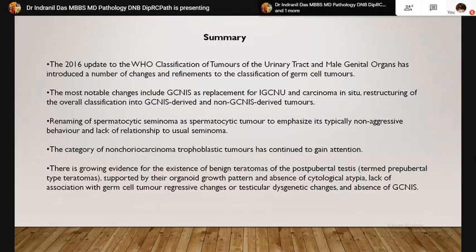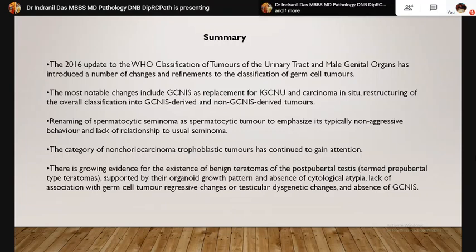There is restructuring of the overall classification. There is renaming of spermatocytic seminoma as spermatocytic tumor, as this spermatocytic tumor is completely different from seminoma on the morphological pattern as well as on the clinical behavior.